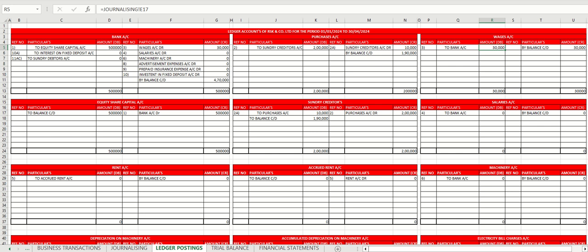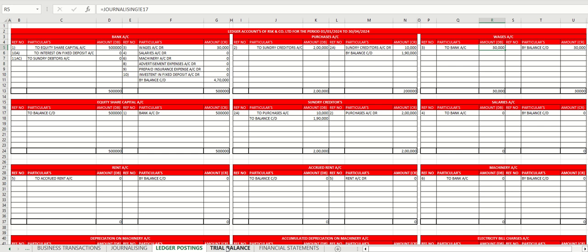Okay, so now let's move to the trial balance. What is this trial balance all about? Whatever balances are reflected in the ledger accounts are supposed to be taken from the respective ledger accounts and updated in the trial balance.